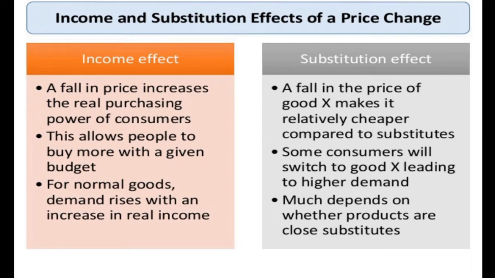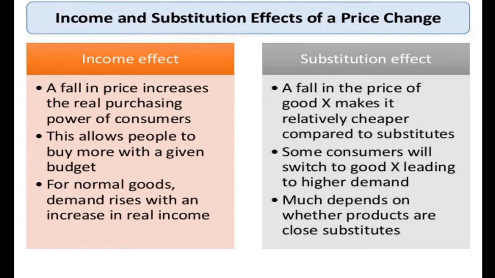Let apple be a substitute of orange. Suppose the price of apple declines, whereas the price of orange remains constant. So if the price of apple declines, now apple will be a relatively cheaper commodity in comparison to orange, its substitute commodity.